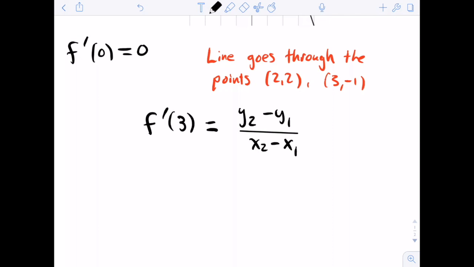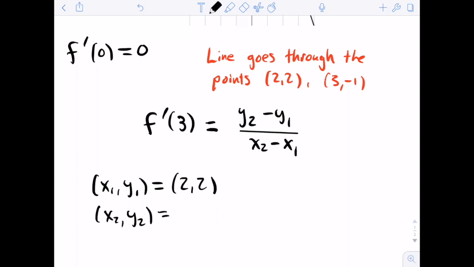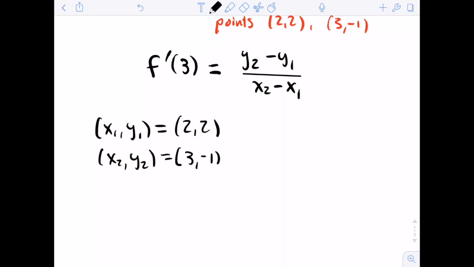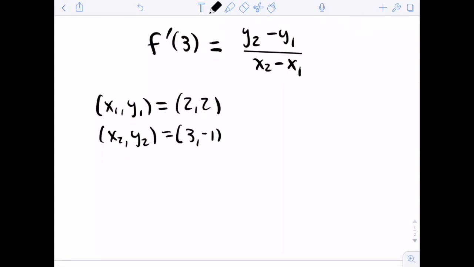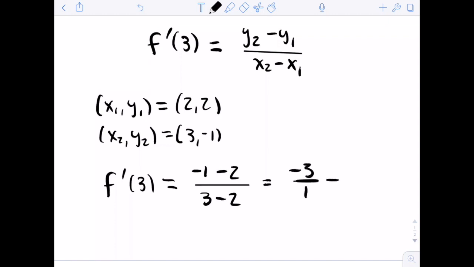So we're going to pick x1 and y1 to be 2, 2, and x2 and y2 to be 3, negative 1. Following this formula, f prime of 3 is equal to minus 1 minus 2 divided by 3 minus 2. So this is negative 3 over 1, which is negative 3.